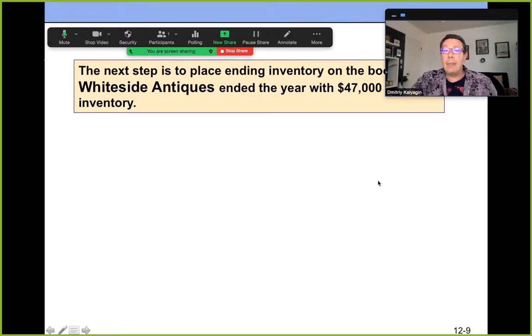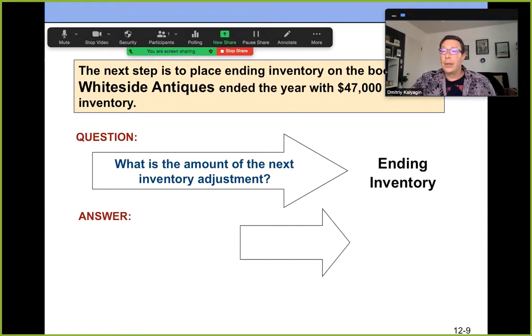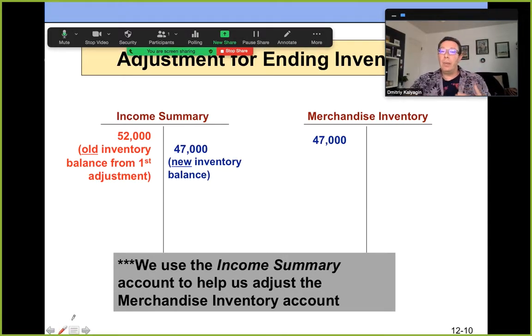The second step, we're going to place the $47,000 ending inventory as a debit to the inventory account and as a credit in income summary. As a result, when we prepare our balance sheet, our inventory account now has the correct ending balance.